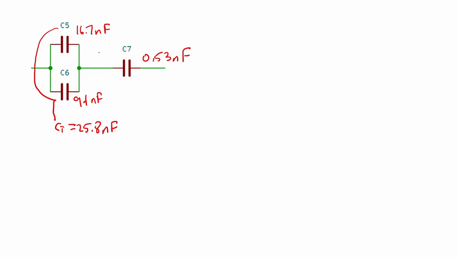Now the parallel part has been reduced to its net capacitance, and now it's just a series circuit. Because it's in series, we have 1 over 25.8 nanofarads plus 1 over 0.53 nanofarads.